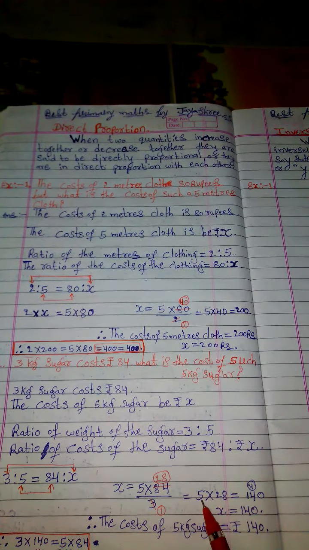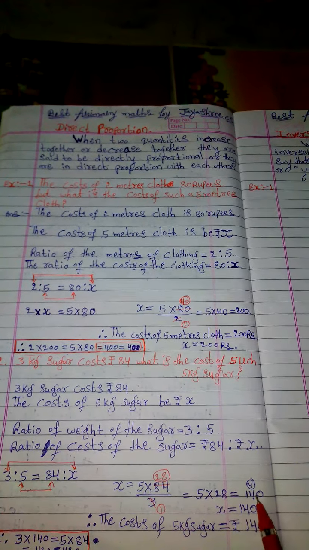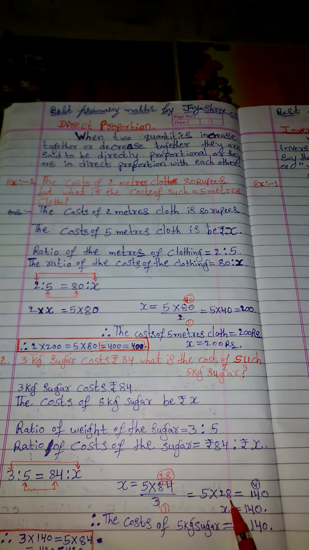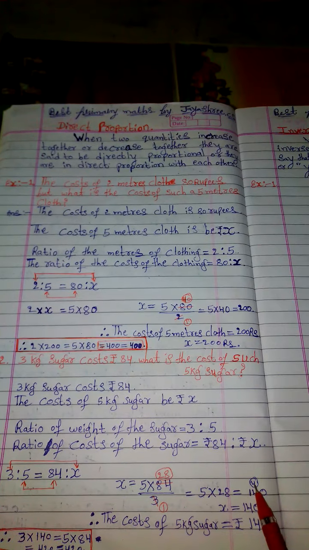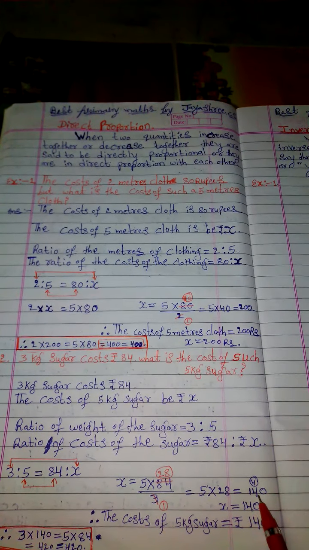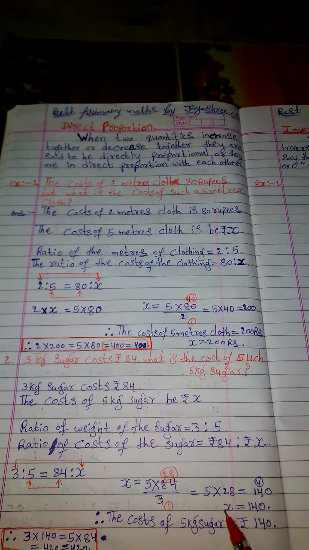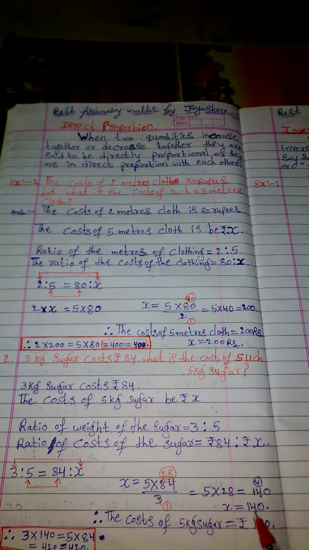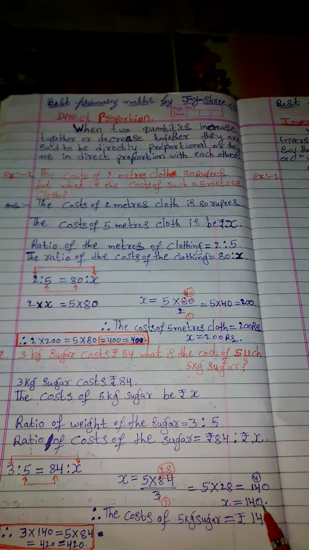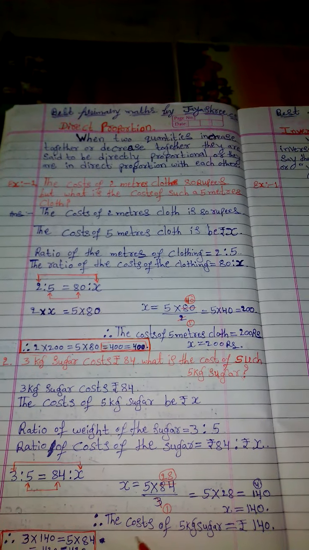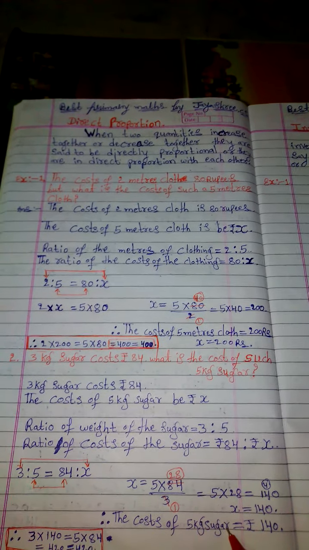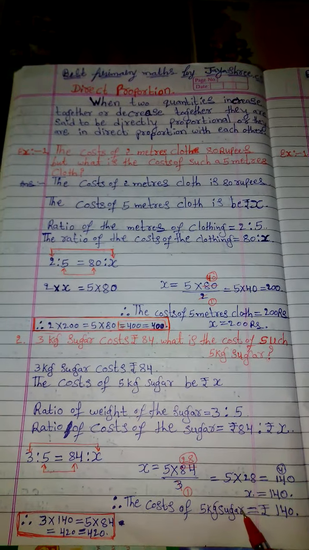28 fives are 140, or 5 eights are 40, 4 carry, 5 twos are 10, 4 carry, add 14. X equals 140 rupees. 140 rupees is the cost of 5 kg of sugar.